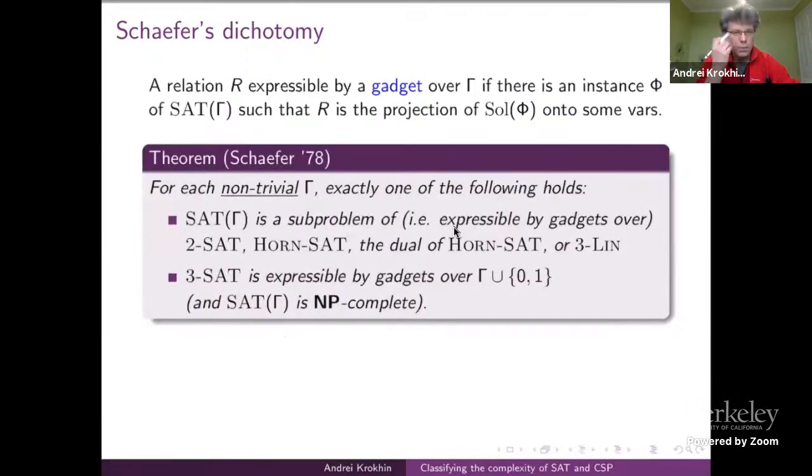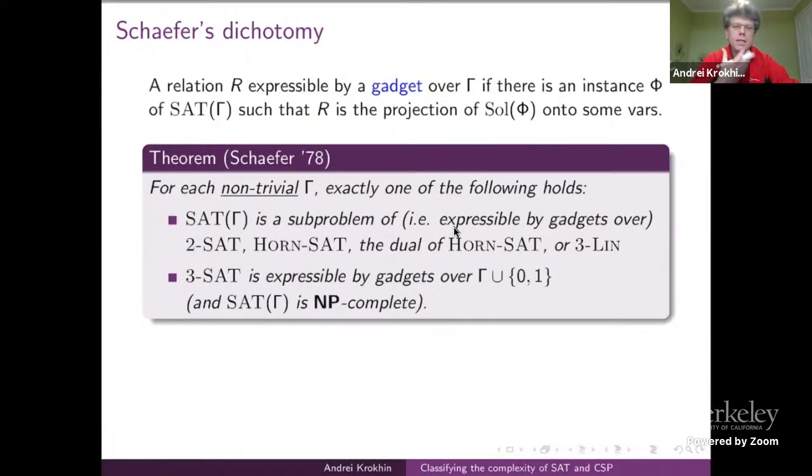So what Schaefer proved is that if you take any non-trivial gamma, non-trivial means that it's not true that every instance can be satisfied by simply assigning the same value to all variables. So that's what I call trivial. So if we have a non-trivial gamma, then exactly one of the following holds. Either SAT gamma is a sub-problem of one of the known tractable cases of SAT, such as 2-SAT, Horn SAT, its dual, or systems of linear equations modulo 2.